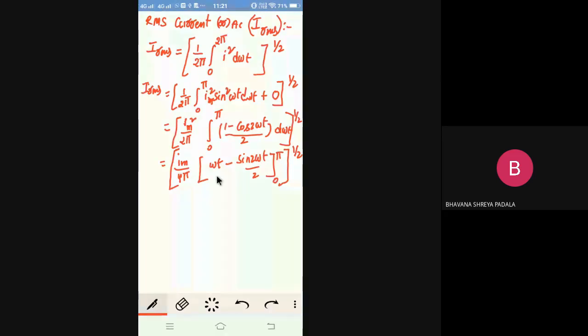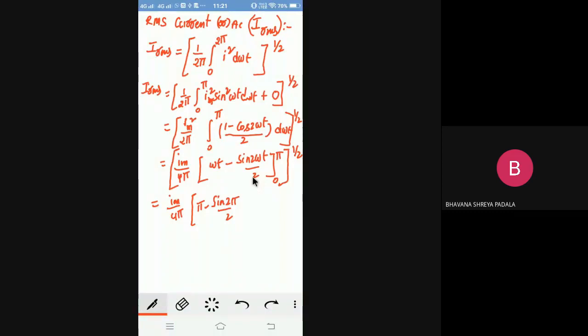So here it is equal to Im by 4 pi. ఫస్ట్ ఒమేగా టీ ప్లేస్ లో పై వేసాను అనుకున్నాము: pi minus sin 2 pi by 2. నెక్స్ట్ ఒమేగా టీ ప్లేస్ లో 0 వేసాను అనుకుంటాం: minus 0 plus sin 0 by 2. రీప్లేస్ చేస్తాను.